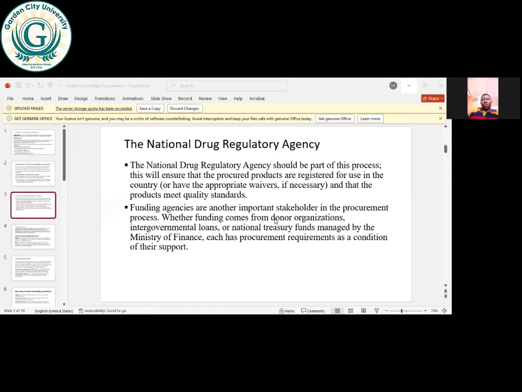So you realize, if you've heard of IMF conditionalities, the IMF could be a funding agency for some of our health programs, and they have their conditionalities. You have conditions that you need to follow.